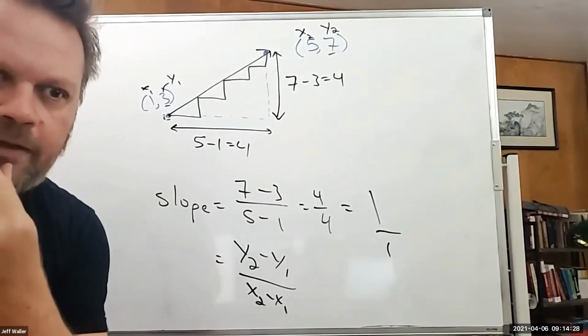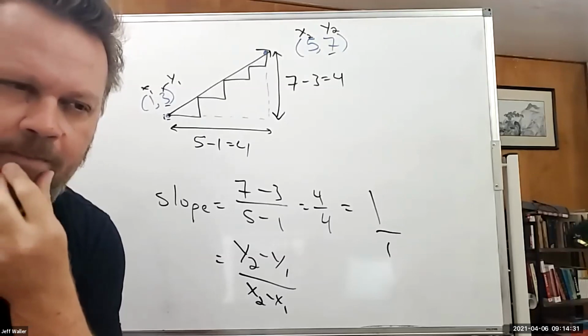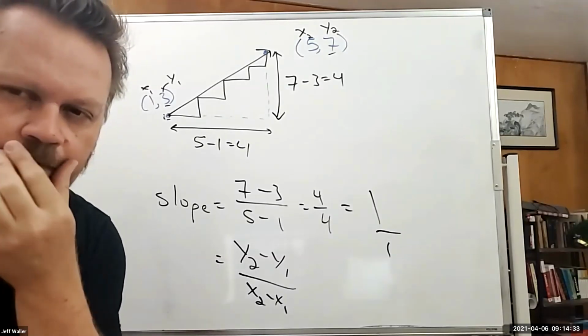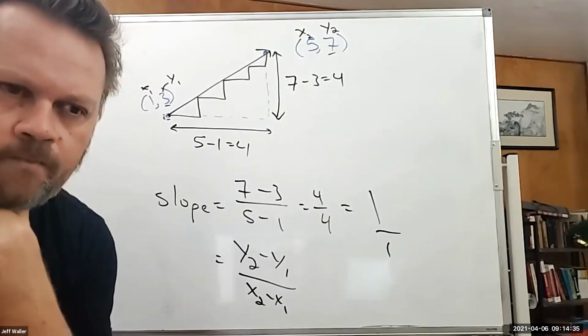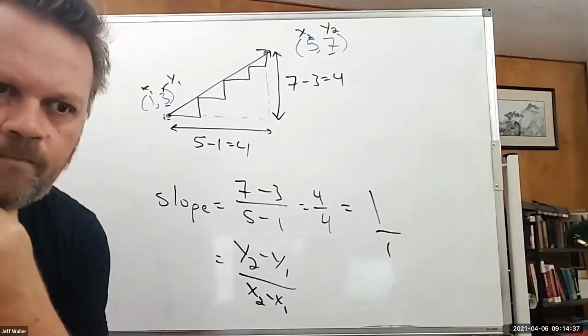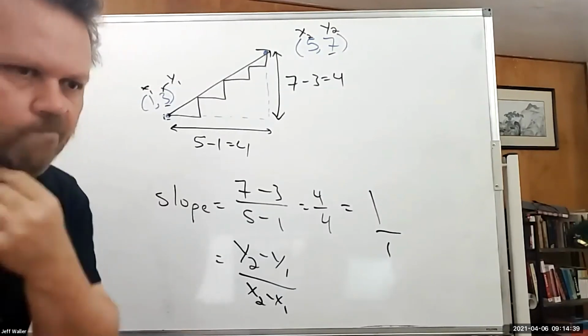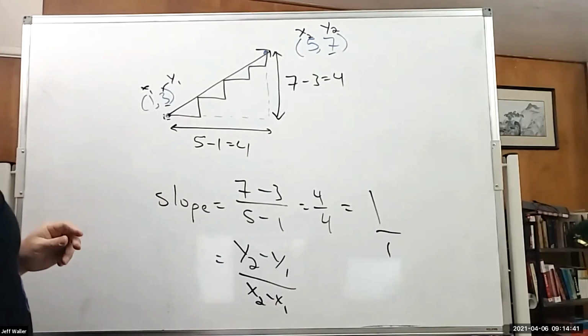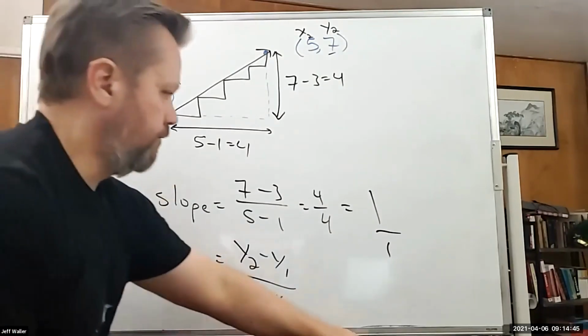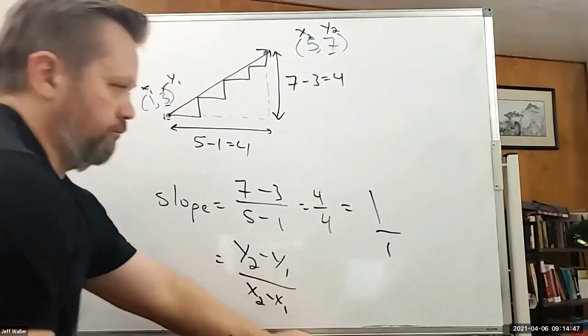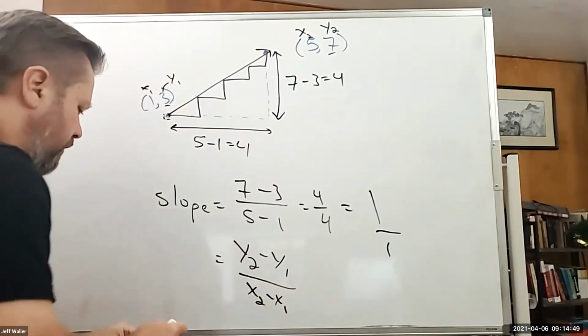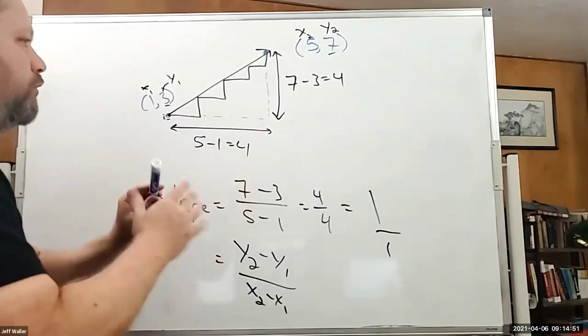I have no idea if you guys are with me or not. Is there a difference if we choose the first one as (1, 3) and the second as x2, y2, and do the opposite? No, there isn't. It's a beautiful question.